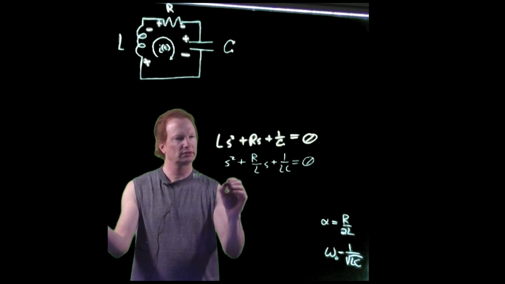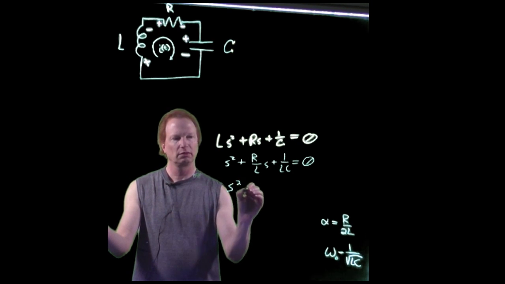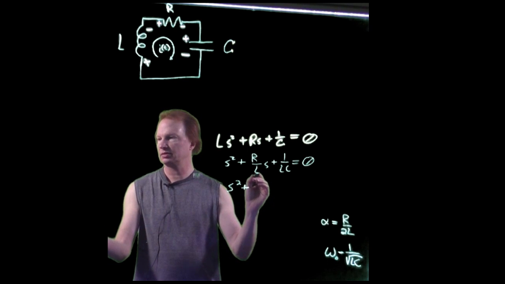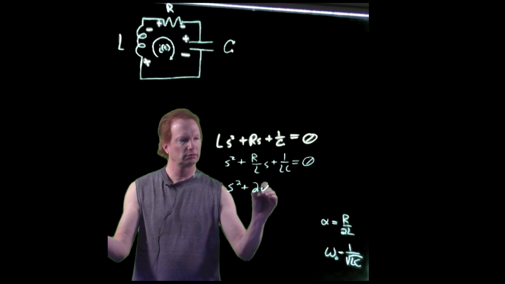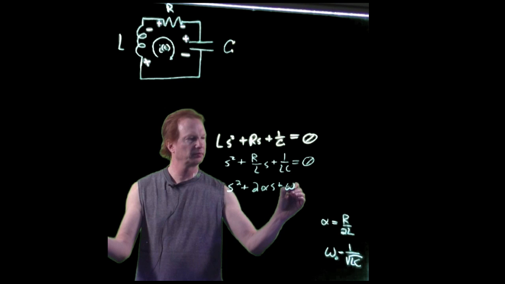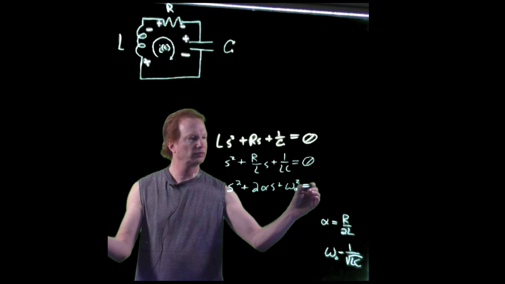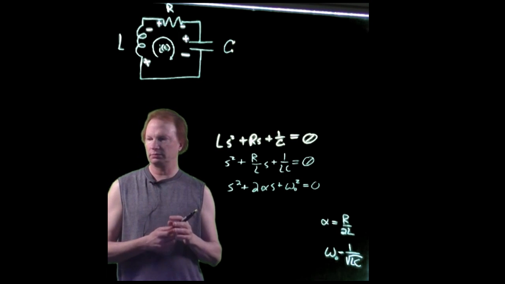So that would give us s squared plus 2 alpha s plus omega naught squared equals 0.